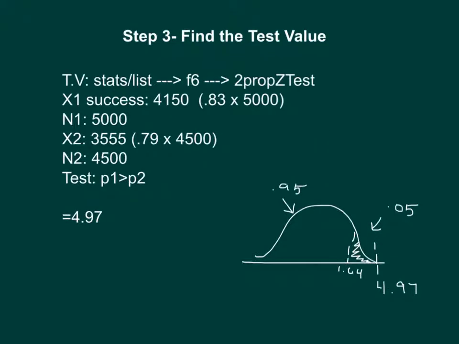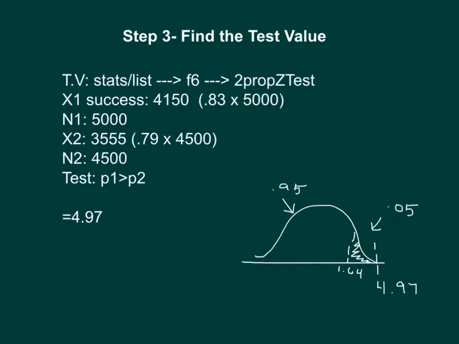Okay, so the third step is to find the test value, and so we're going to go back into our calculators again and hit stats list, F6, and then 2-prop z test, and then we're going to enter the following values. So x1 success, we're going to enter 4150, which we get from multiplying the percentage of girls that were bullied by the total number that were interviewed, and then n1 is 5,000.